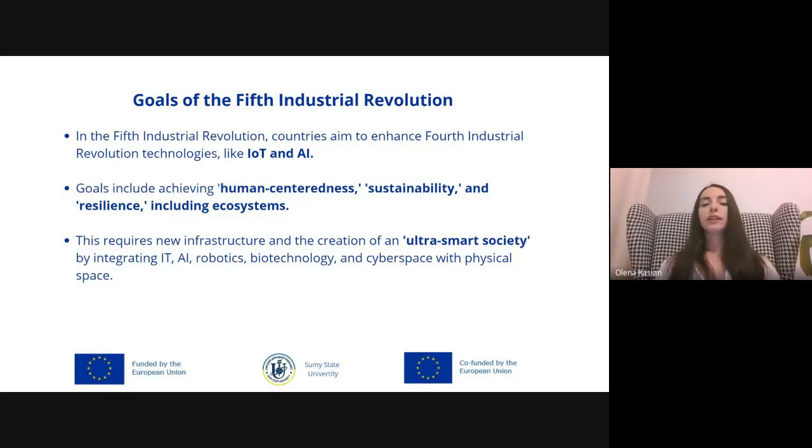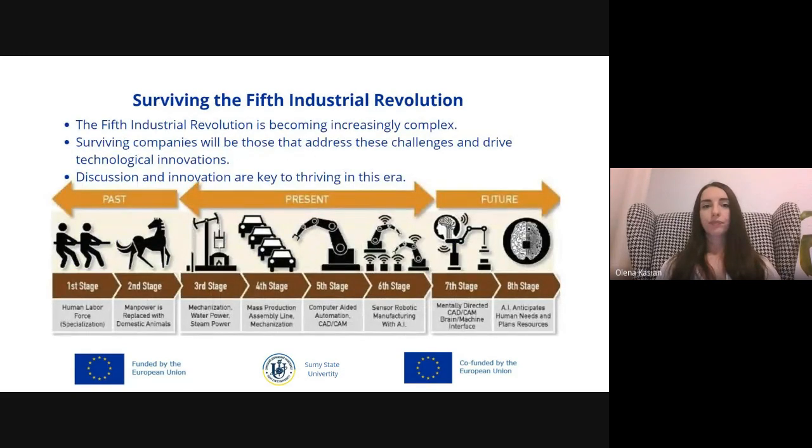So based on these, as we said, each country is preparing this paper, basically this road map. We can also see in this picture how surviving the fifth industrial revolution changed. In the stage 5, human labor, we just work, and then manpower is replaced with domestic animals.